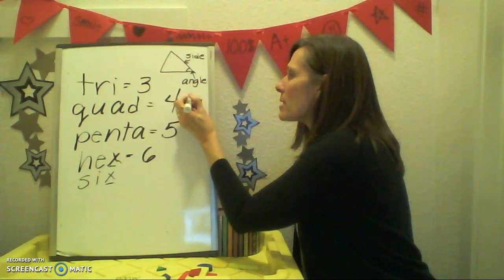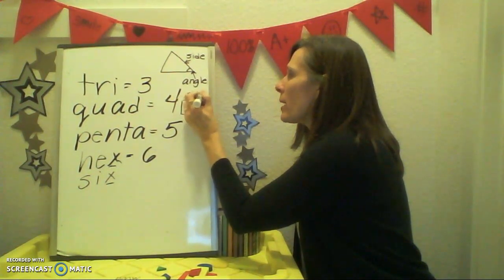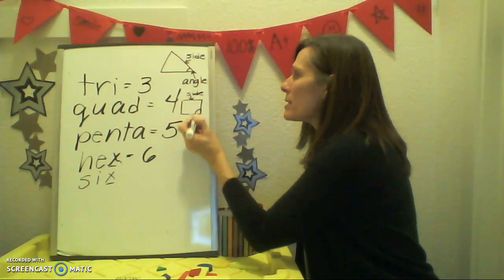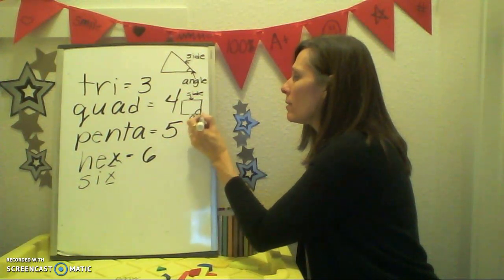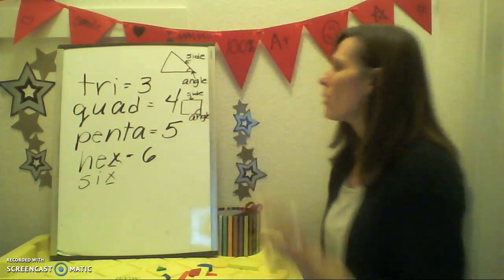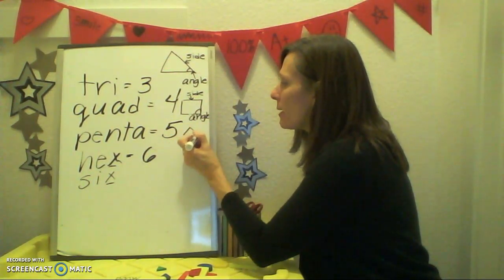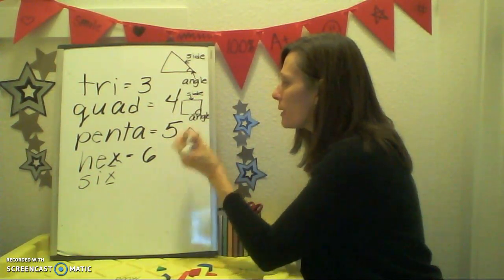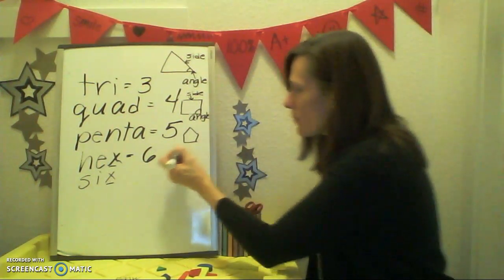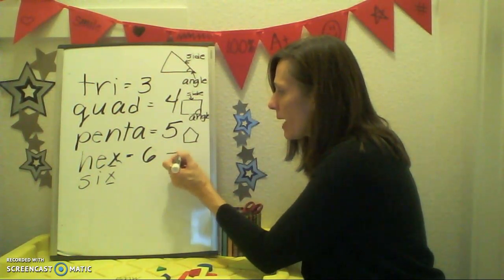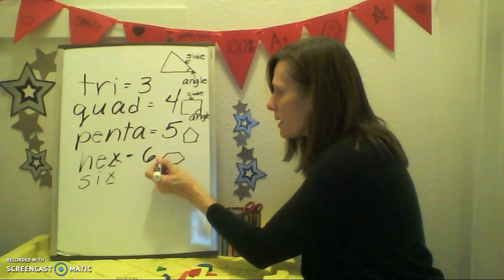Here's the side of the square, and here is the angle, four angles. A pentagon would have five, kind of like the shape of a house. And a hexagon would have six.